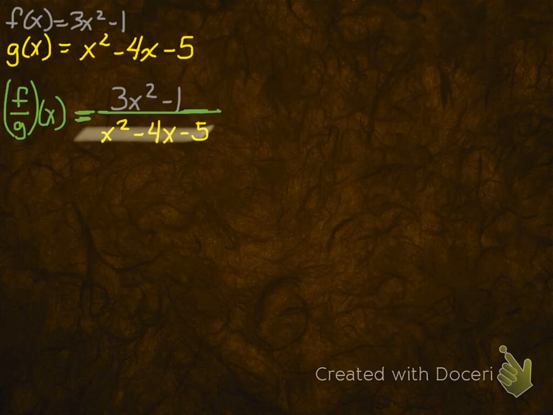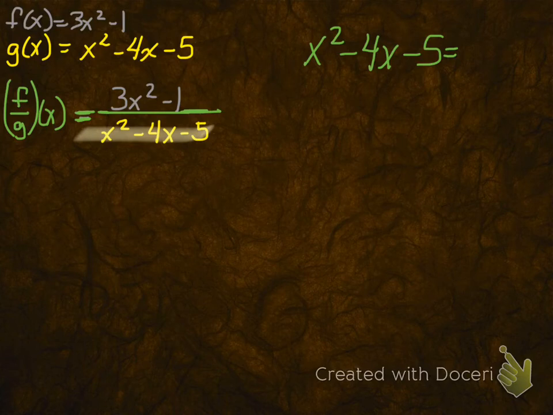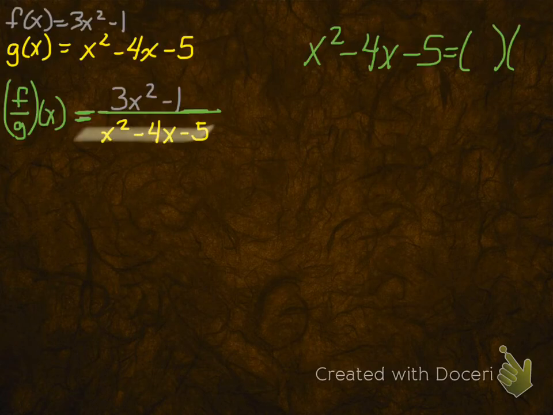And so if I was to factor x squared minus 4x minus 5, another thought of factoring is unfoiling. So what would I have to foil in order for me to come up with x squared minus 4x minus 5?